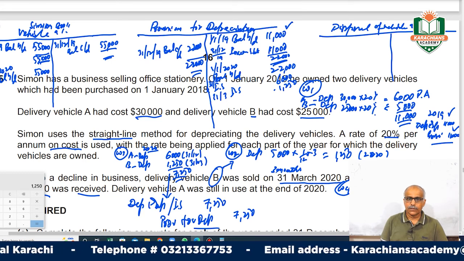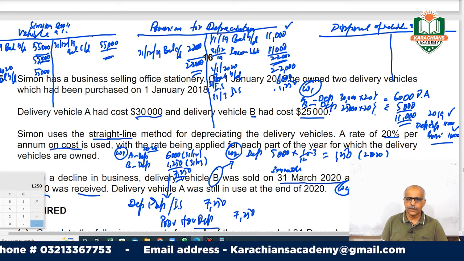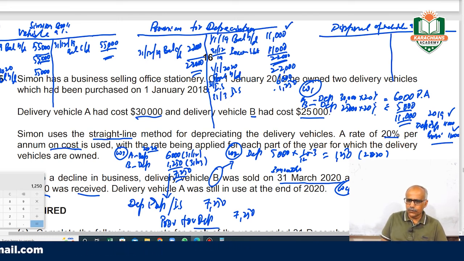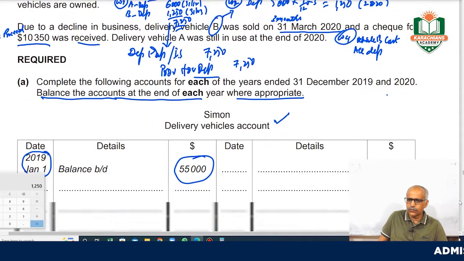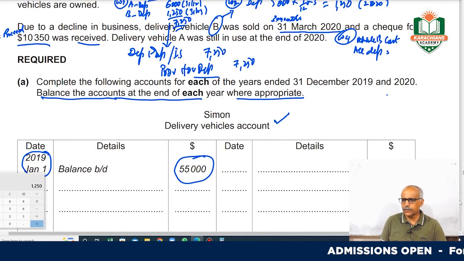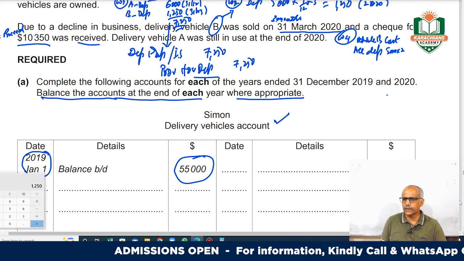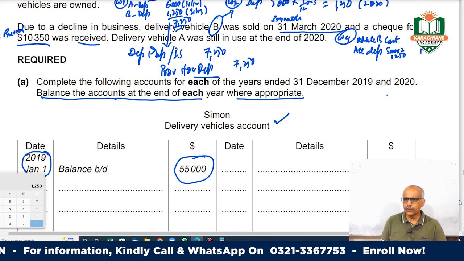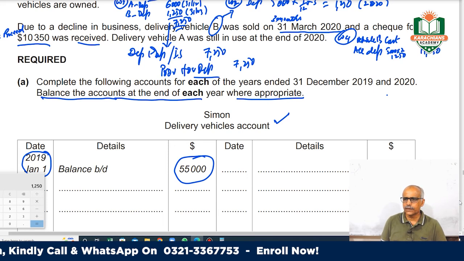Vehicle A. This is vehicle A. Vehicle B. So 5,000 is the annual depreciation for vehicle B. So the vehicle B depreciation would be 5,000 for two years plus 1,250. So this will be 11,250.